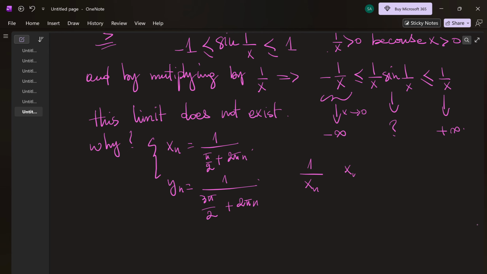In this case xn is going to 0 when n is going to plus infinity, and yn is going to 0 when n is going to plus infinity.